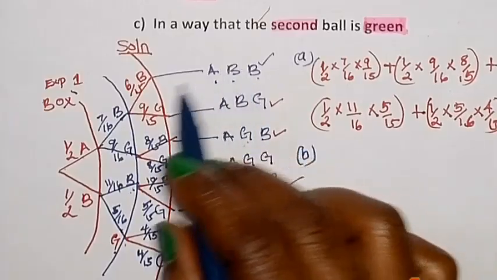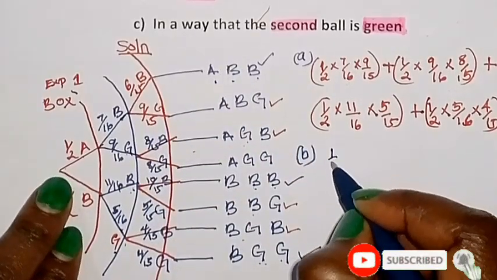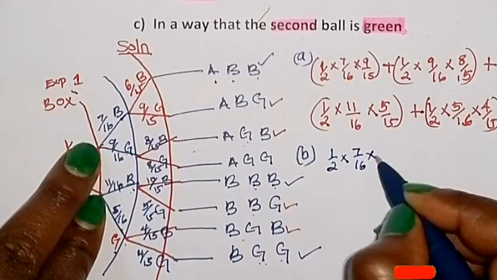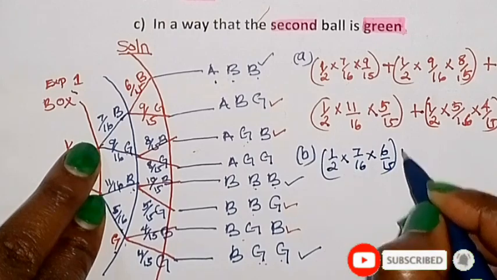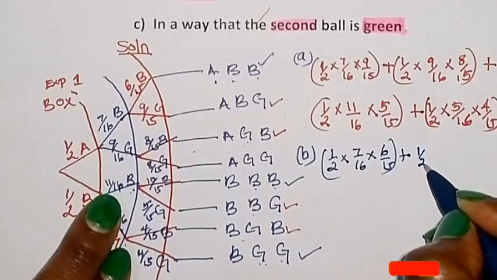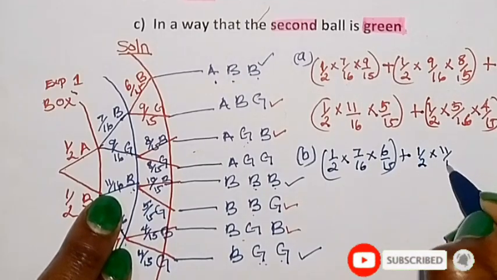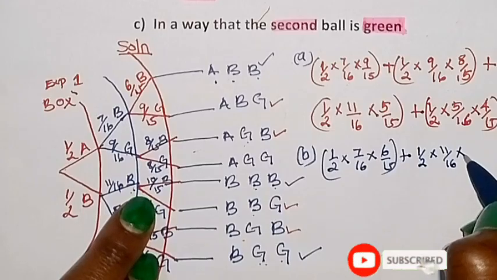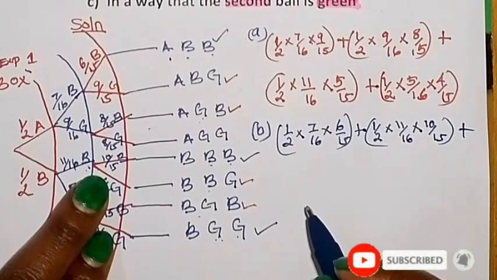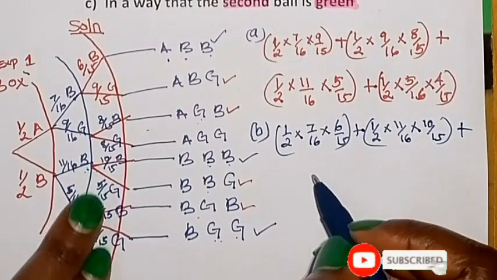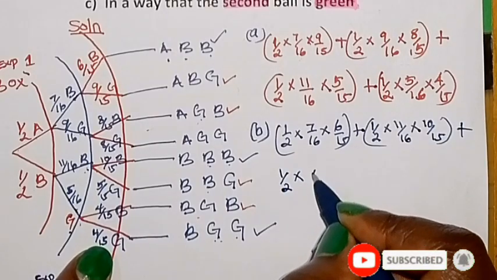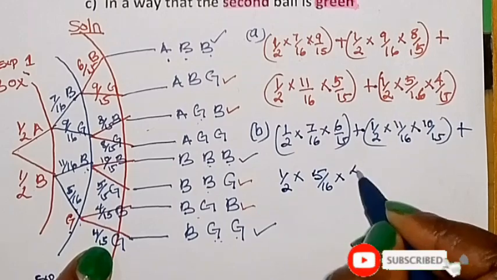So for this case, we shall have half for box A times 7/16 times 6/15, or we have this other one, half from box B times 11/16 times 10/15, or this other one, same color, from box B times 5/16 times 4/15.